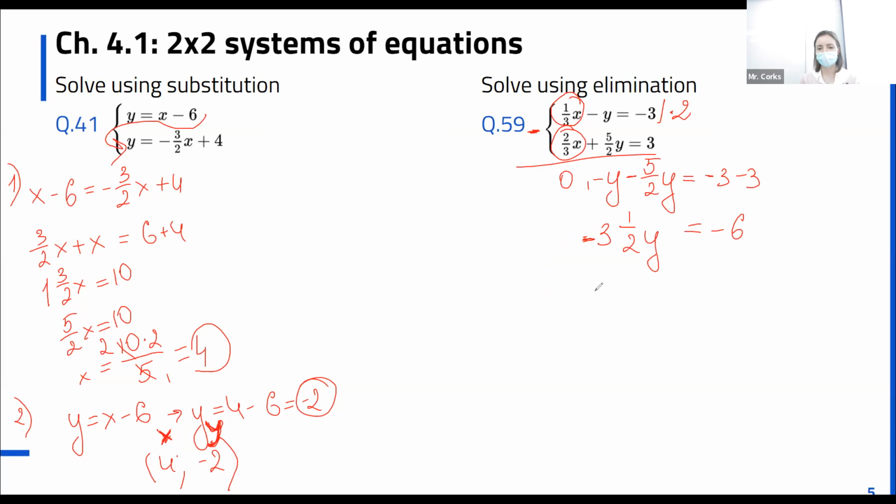So we have y equals minus 6 divided by 3 minus 3, 1 over 2.